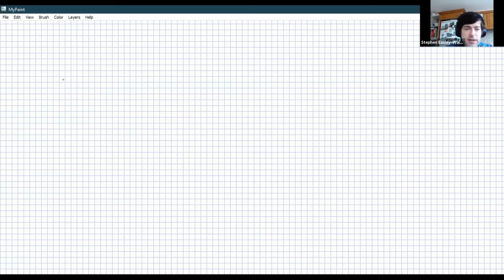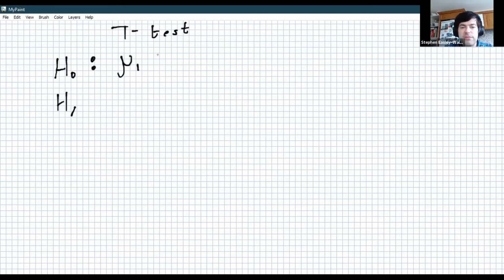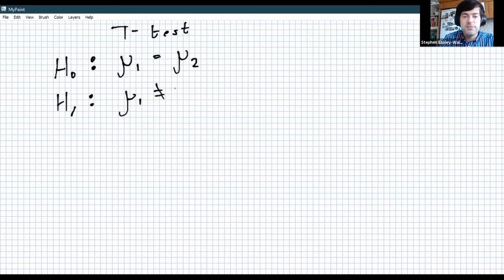So you might recall that we have these 2 terms, our null and our alternative hypothesis. When we are looking at our t-test, the null hypothesis is always that the average for the first group is the same as the average for the second group. And the alternative hypothesis is that the average for the first group is not the same as the average for the second group.